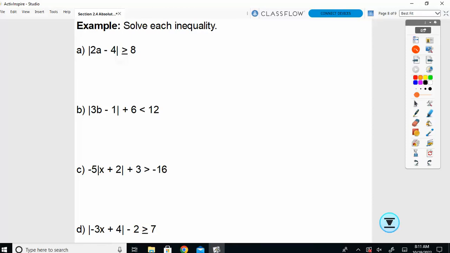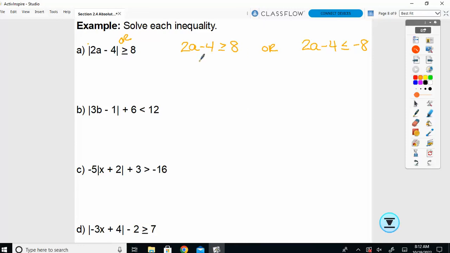So in this case, I have greater than. So that means it is an or statement. So for the ors, we do two separate inequalities. The first one, we just drop the absolute value. The second one, you flip the inequality and make it negative. So this is either greater than positive 8 or less than negative 8.